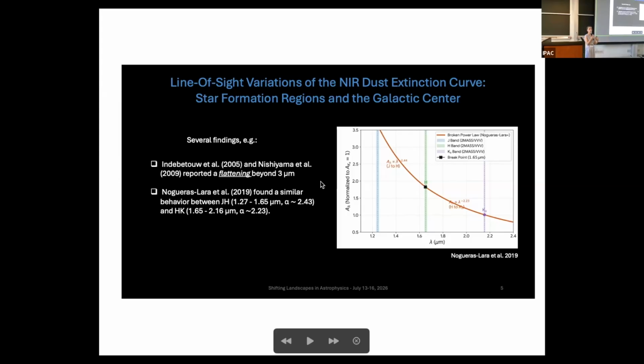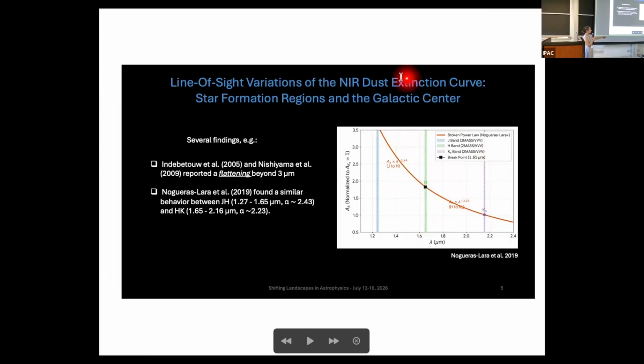But even more important and relevant to Roman is the flattening that has been observed, for example, by Nogueras-Lara between J and H and H and K. This plot shows that there is a breakpoint in the H band, where the slope of the extinction curve changes from 2.44 to 2.23.